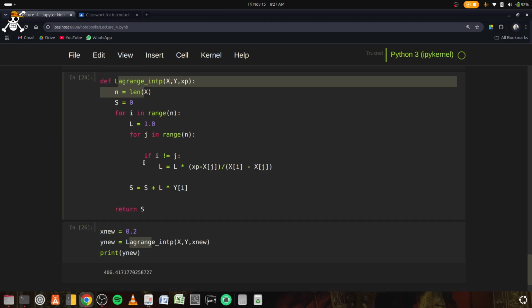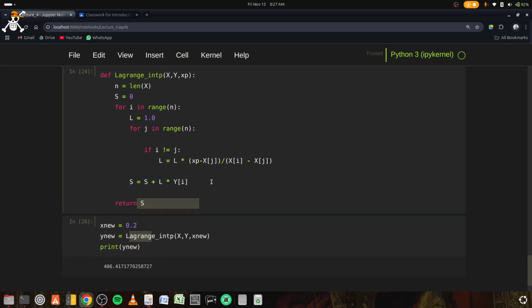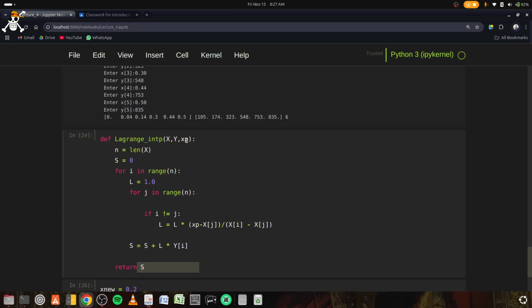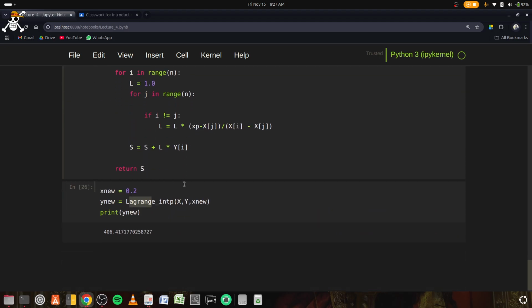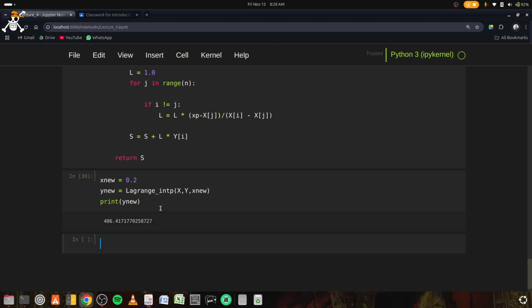This function will return the sum, which is nothing but the new data point at a given new x value. If you print y new, it will again return this 406 value of the magnetic field.